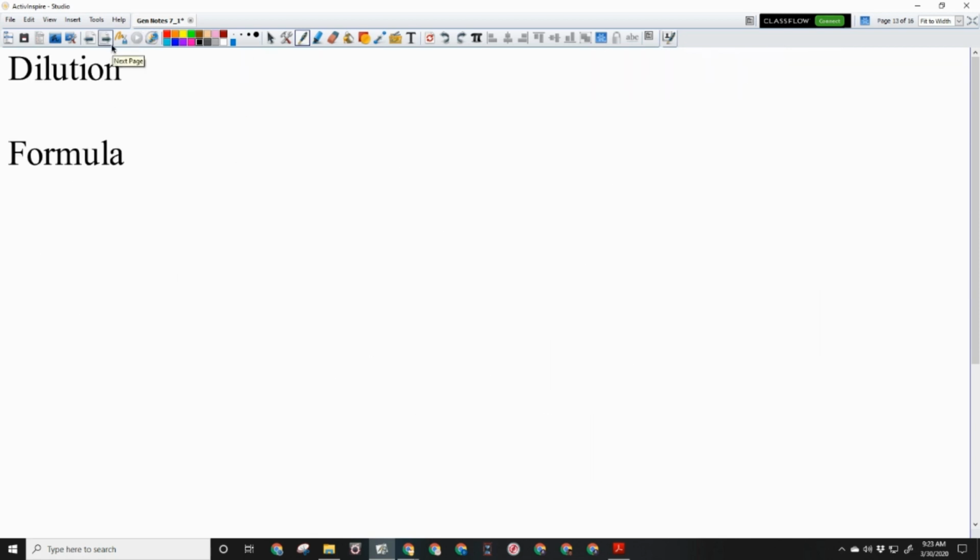So let's talk about dilution. Dilution is a part of concentration because sometimes if we have a certain amount of salt that is dissolved in the water, we have a certain concentration.